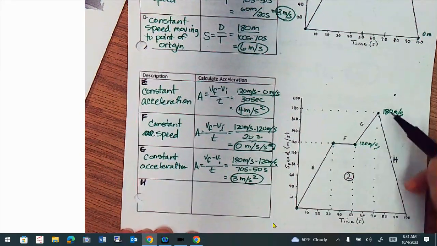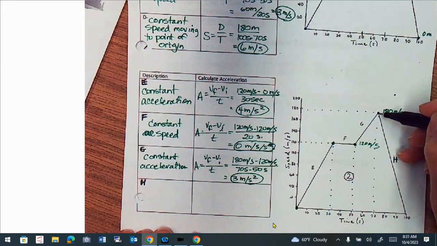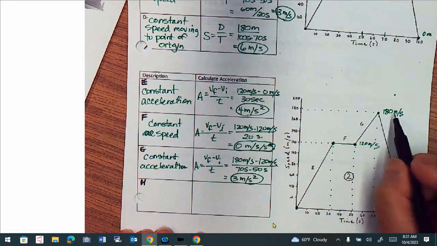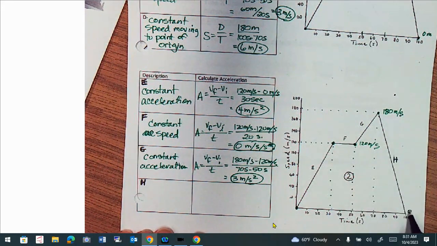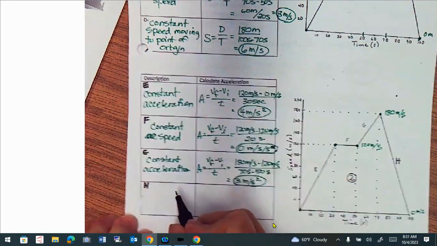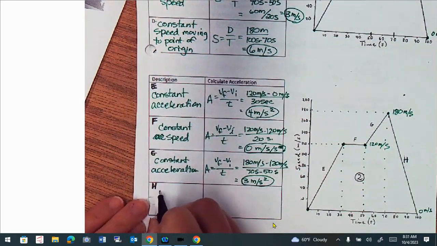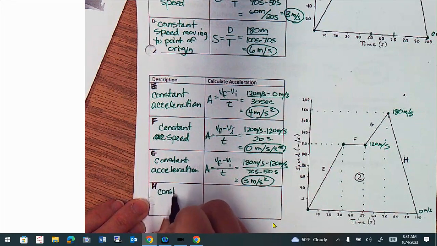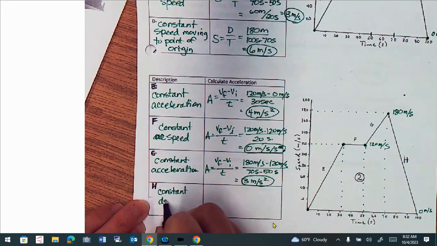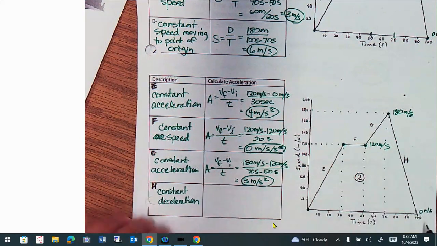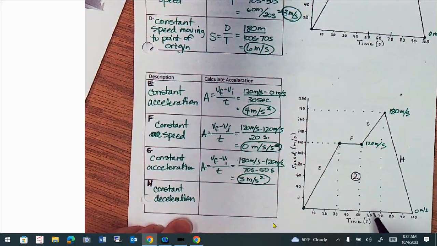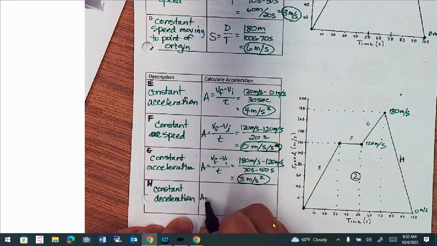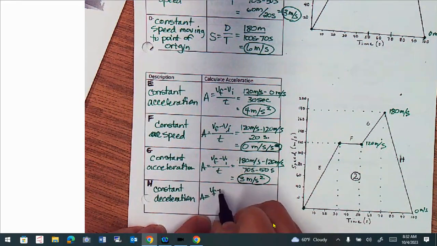Okay, last one. The object is going from 180 meters per second down to 0 meters per second. So it's constant deceleration because the object is slowing down at a constant rate. So our number should be a negative number.